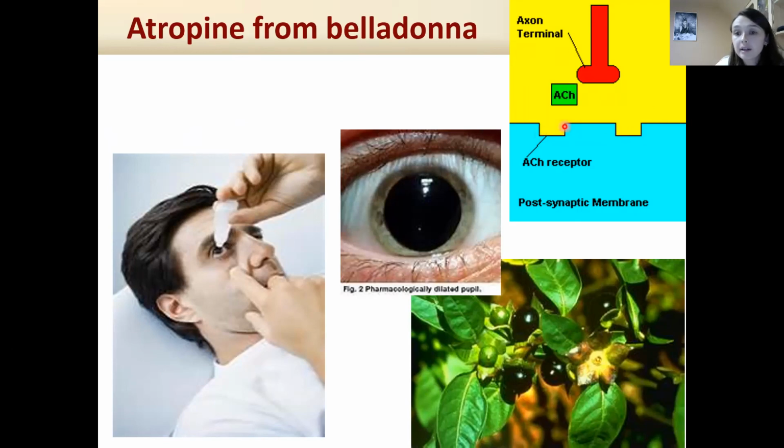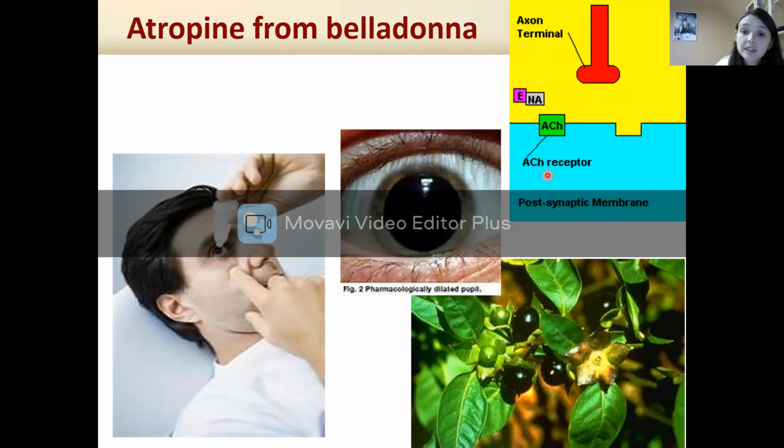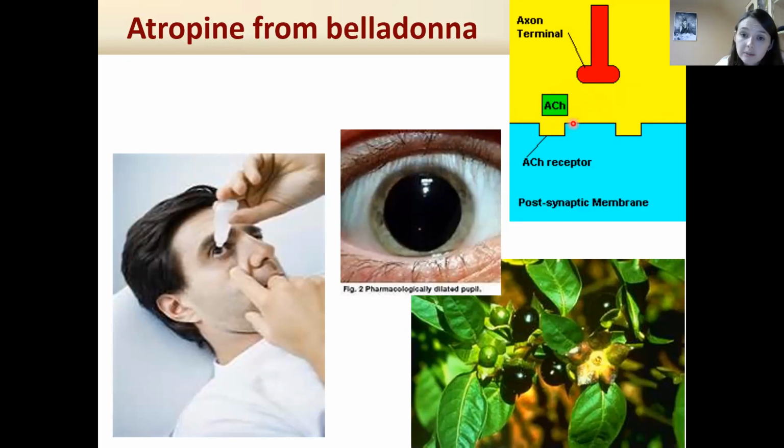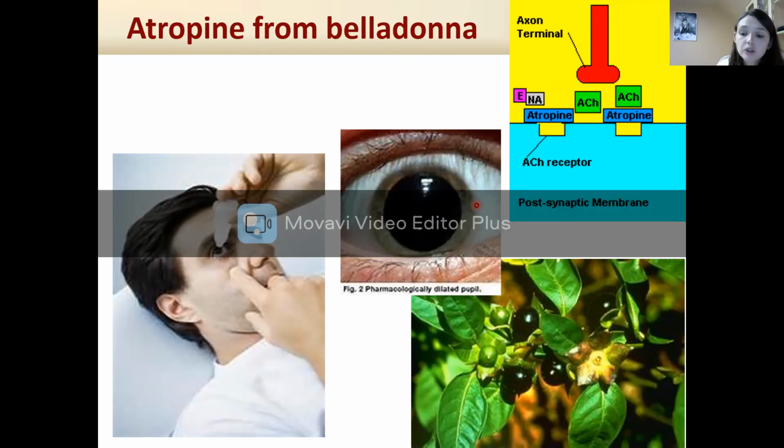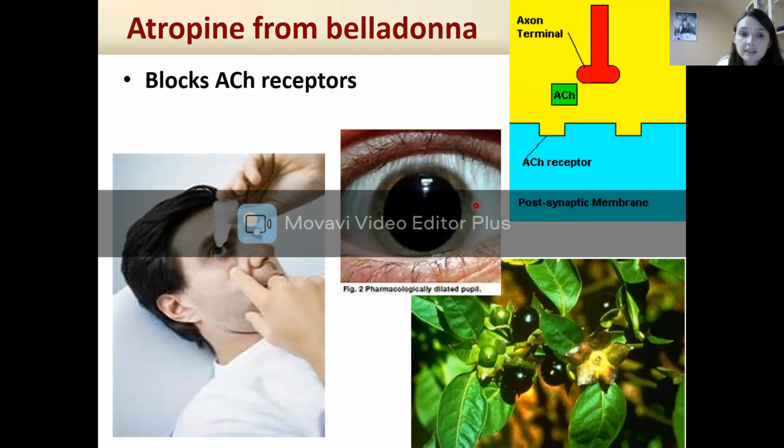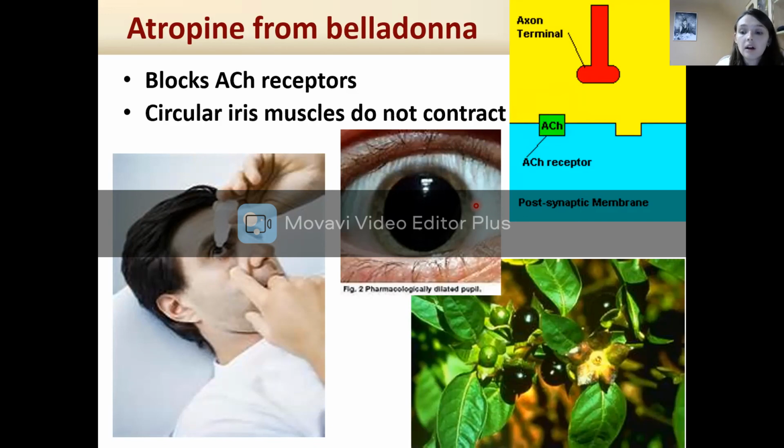Mostly in the autonomic nervous system, when acetylcholine binds to muscarinic receptors, it is responsible for constriction of the pupil. But if we block these muscarinic receptors and do not allow acetylcholine to bind them, the muscle will not contract, and we will have dilatation of the pupil.